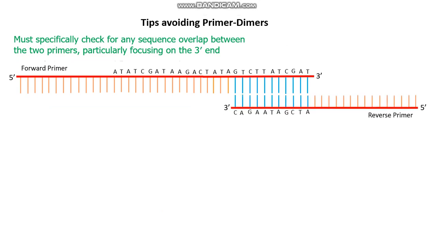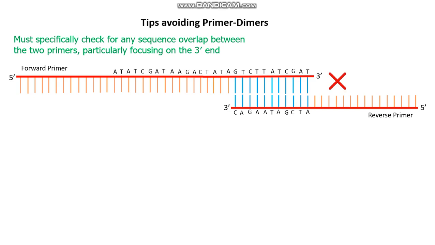As you see here, the primer extends towards the 3' end. This is why you need to carefully check whether there is any overlapping region at the 3' end. Here, at the 3' end there is some overlap region. So this kind of primer design is wrong.